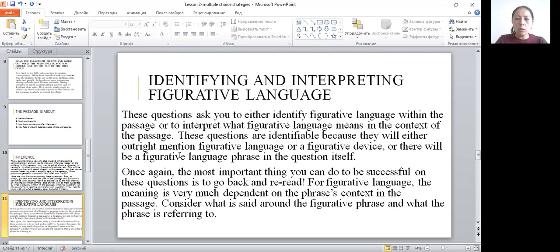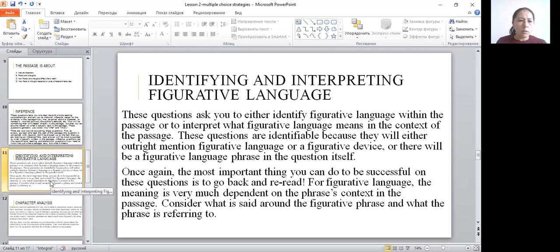For figurative language, the meaning is very much dependent on the phrases, because a figurative phrase is surrounded by sentences, and you should use the most appropriate reference to the questions.